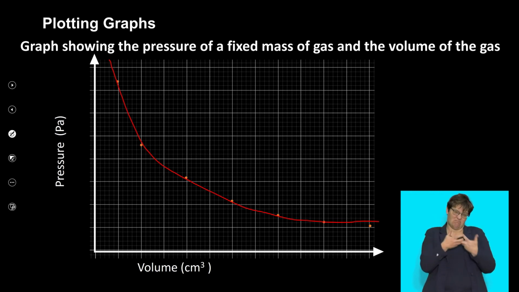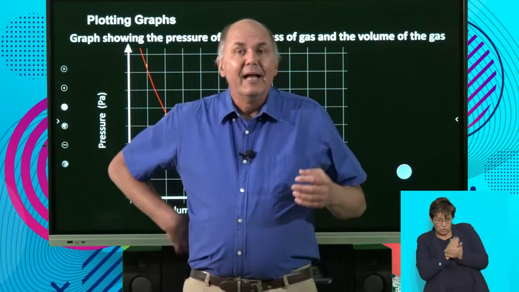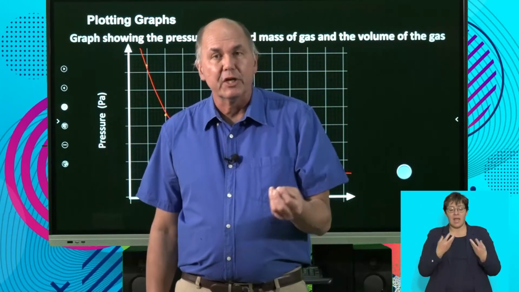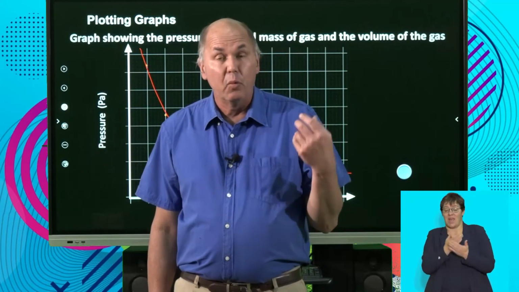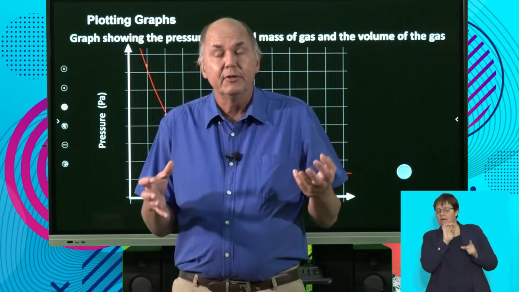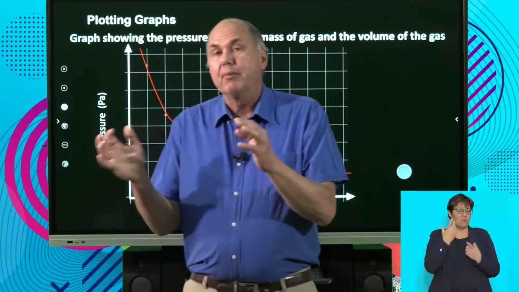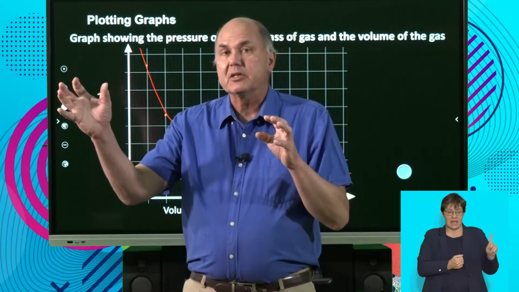The question is, is this a parabola, or what sort of graph is it? It's got a curve to it, but we're not really sure. So there's a mathematical trick that we can use, just one of the many tricks that physicists and chemists use to establish the relationship. Like we did in the other one, we plotted EK against v squared.